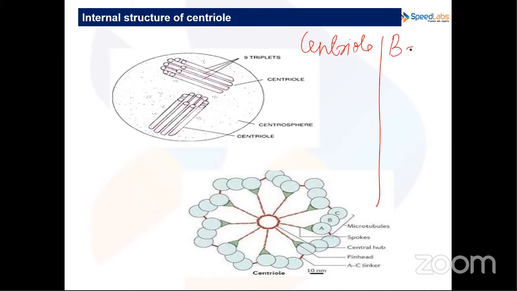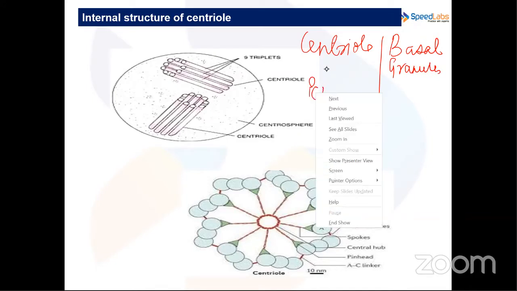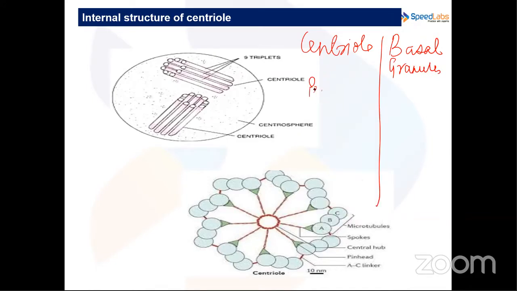Basal granules are the structures from which the cilia and flagella originate. So these are basal granules. Centriole, what is their position? It is perinuclear. They are near the nucleus.